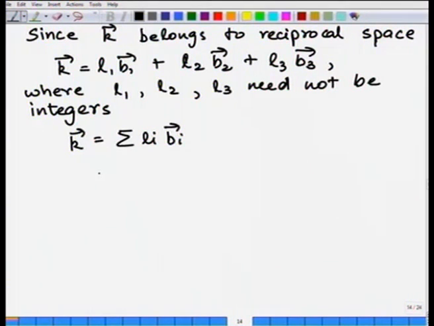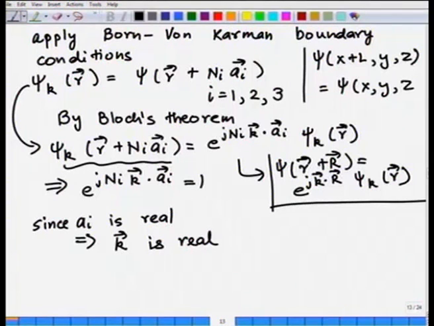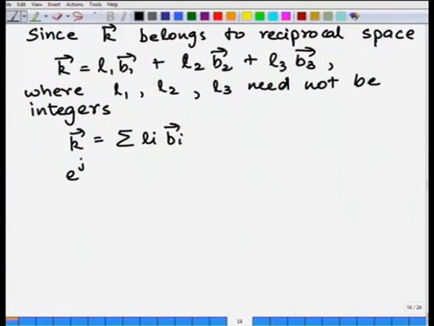Now, since we have that exponential, let us substitute this k and go back to our equation here, e to the power j n_i k dot a_i.